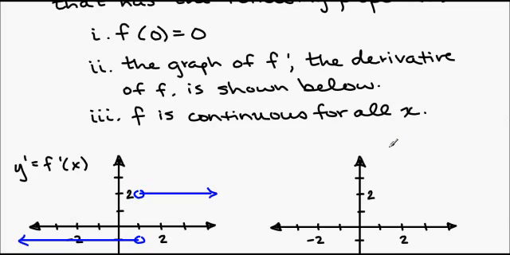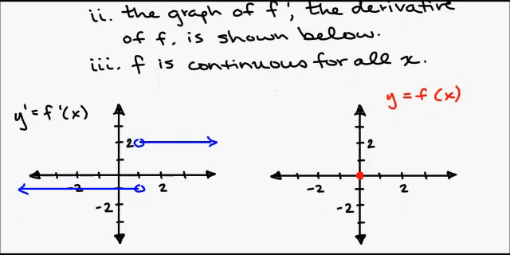So we see this is going to be y equals f of x. I know that f of 0 equals 0, so I would point at 0, 0. Okay. And then, let's look here. I can see that starting at 1, I have a slope of -1.